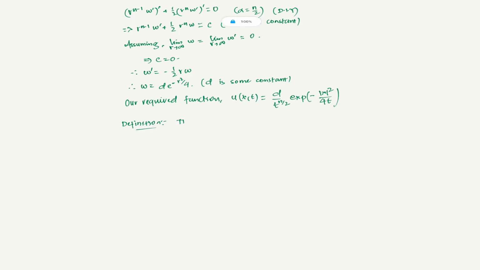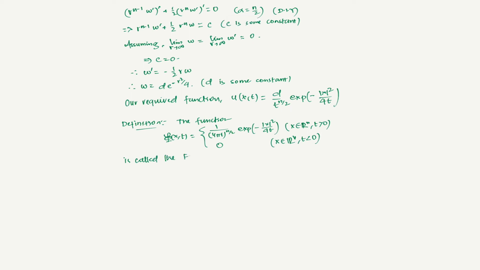The function phi of x,t, which is given by 1 by 4 pi t whole power n by 2, exponential of minus mod x square by 4t, where x is in Rn and t positive, and 0 for x in Rn and t negative, is called the fundamental solution of the heat equation. I hope this is clear to all of you.